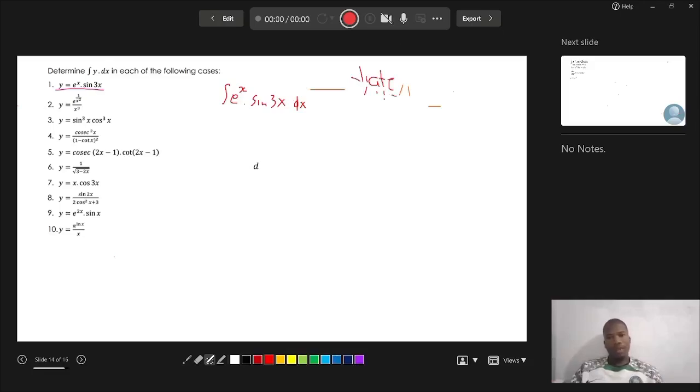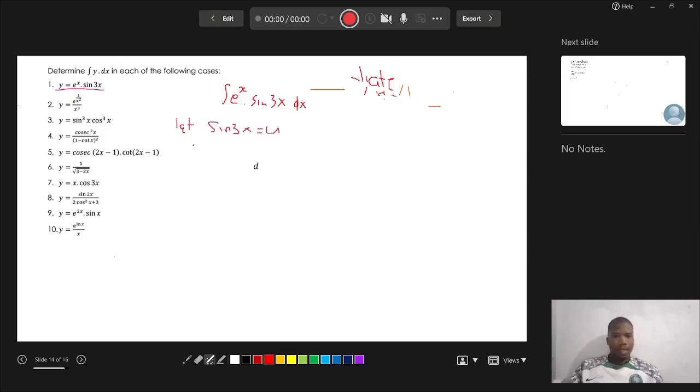We have the trigonometric function, which is sine 3x, followed by an exponential function, which is e to the power x, right? So after that, we say let sine 3x equal u, right?